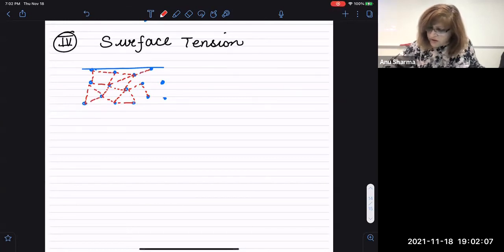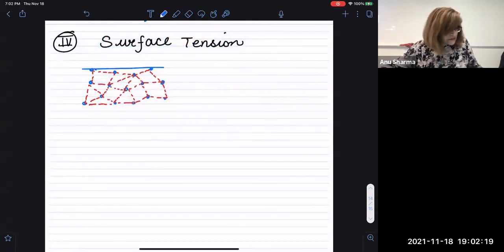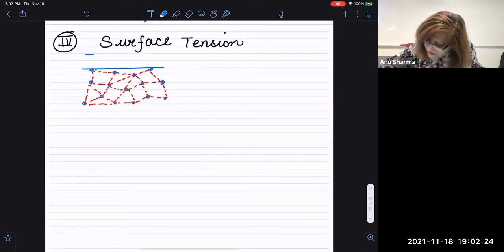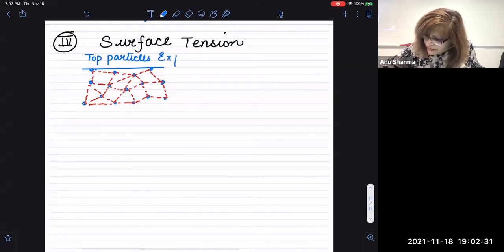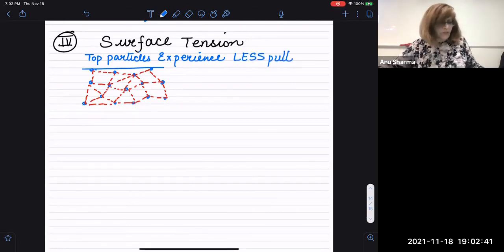The ones at the bottom are being pulled from all the sides. So the pull is more for the middle ones, but the top ones are being pulled less. So the top particles experience less pull of the intermolecular forces.